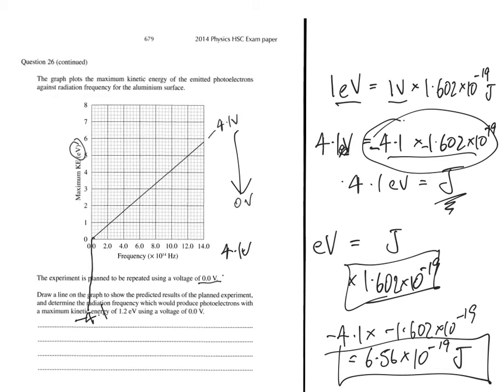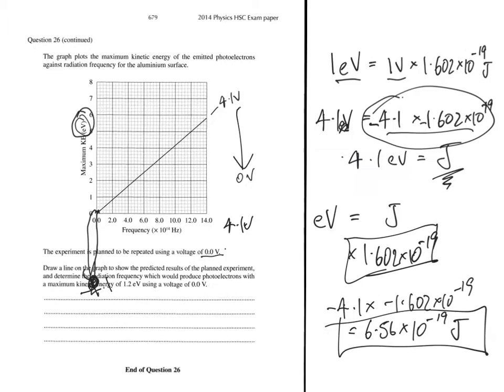That's the energy that's going to be down here on our graph. So no longer at 0, we're going down. That's the voltage produced. This is in electron volts, so we had to convert it.